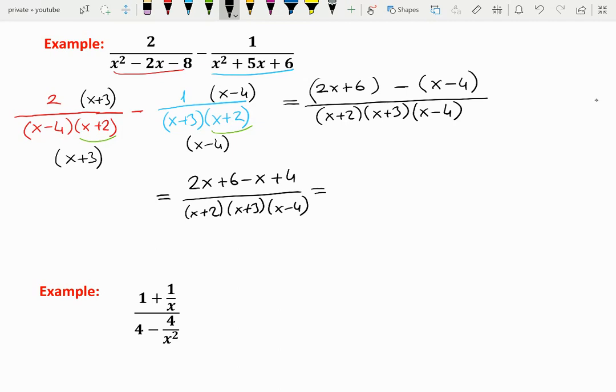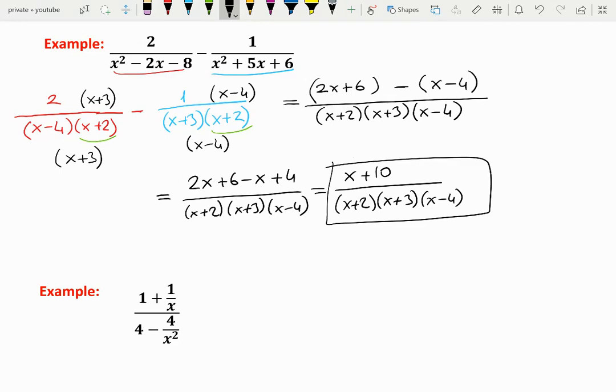And then I will have x plus 10 over x plus 2, x plus 3, x minus 4. I think that's it. I cannot do any more operation in this.